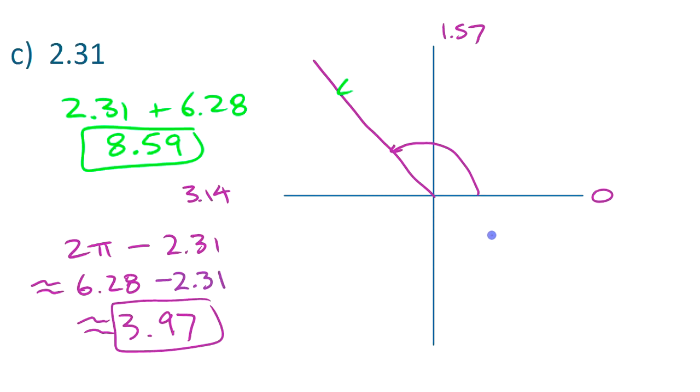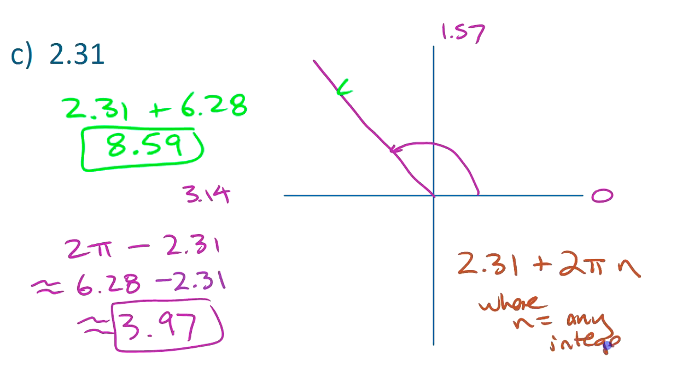Our general expression here is going to be, to get any angle here, our original starting angle plus multiples of a full turn. So now, since I'm going to do that, I'm not going to put 6.28 in, I'm going to put 2 pi times n, where n's an integer. Any integer. Because I just do multiples of that 2 pi.